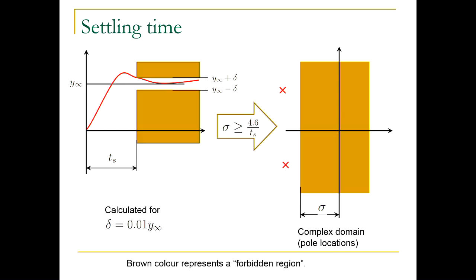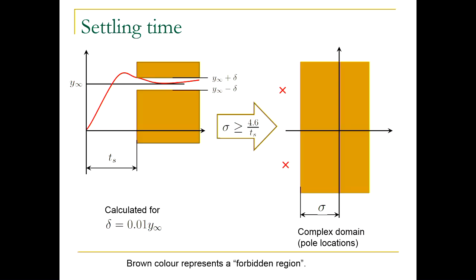So basically, sigma is the distance. Always this sort of line is in the left half plane. We are stable, but we have to be more stable. Like we have to be away from the imaginary axis to satisfy something like this. So for instance, when settling time is 1 second, sigma has to be at least 4.6 far from the imaginary axis. So you have to avoid this brown region.